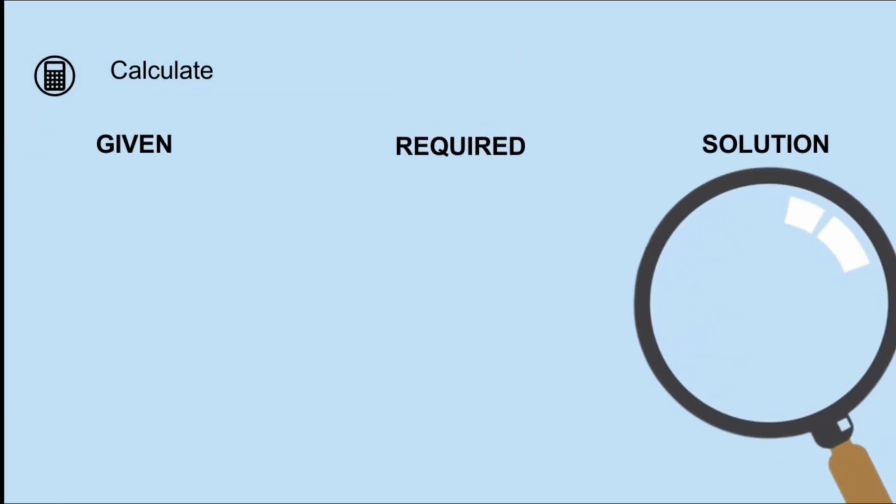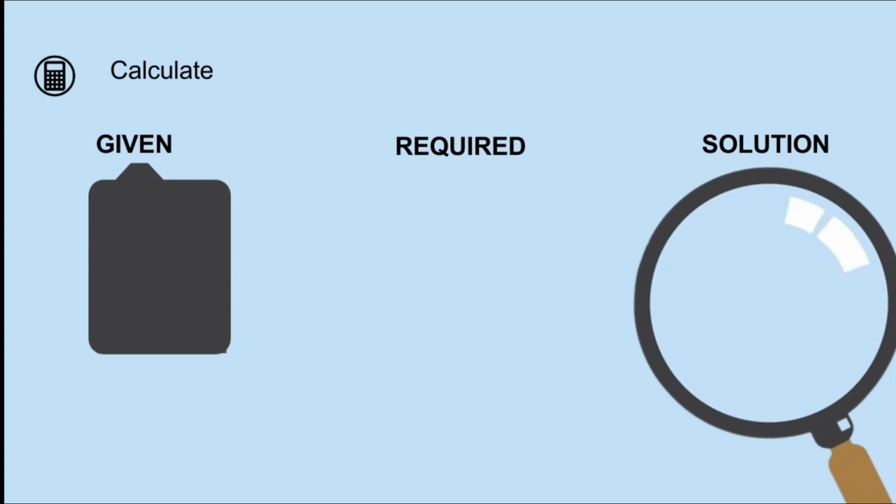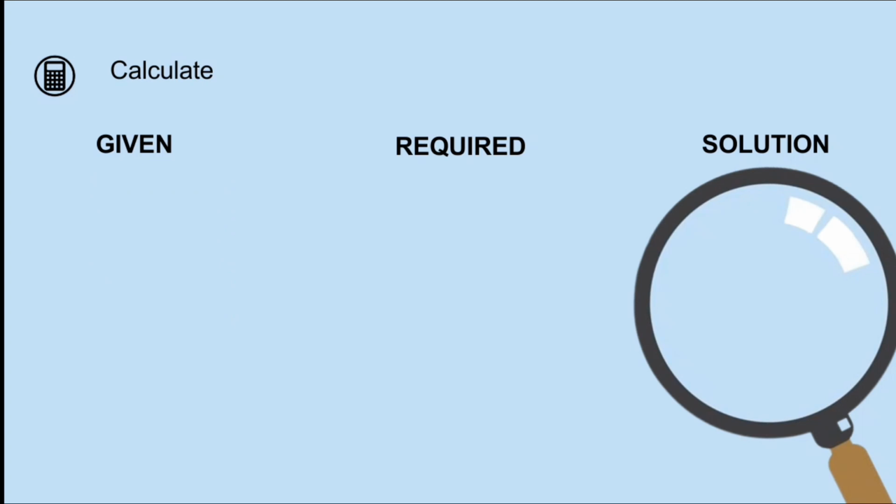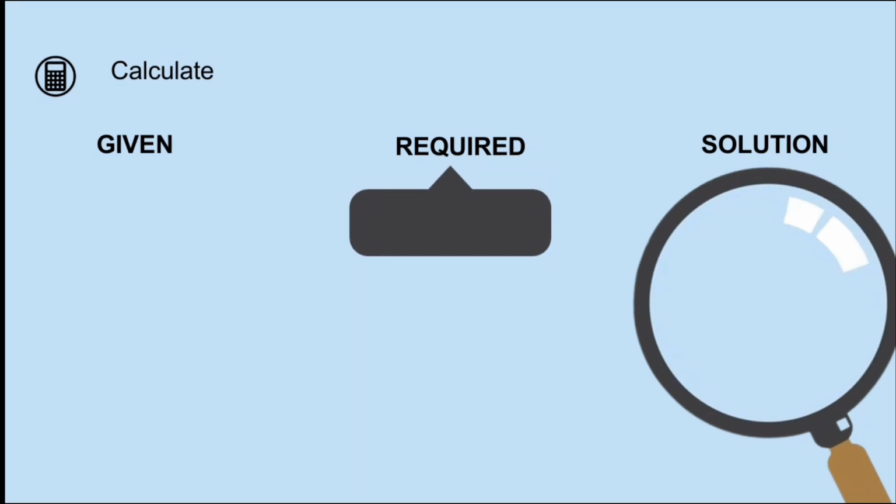So we will first determine the given values, which is the final temperature is 61 degrees Fahrenheit, the ambient temperature is equal to 70 degrees Fahrenheit, the initial temperature is equal to 60 degrees Fahrenheit, and the time is 2 minutes. The required value is time when the initial temperature is equal to 40 degrees Fahrenheit.